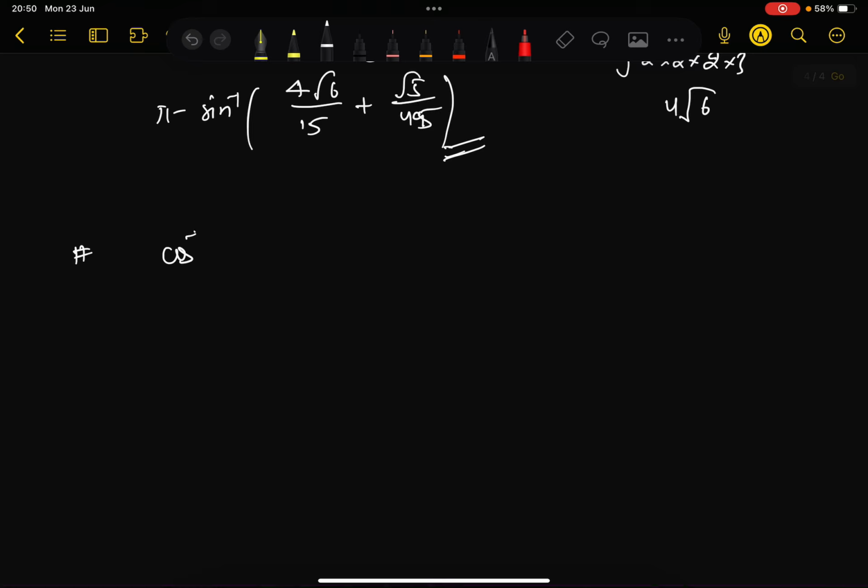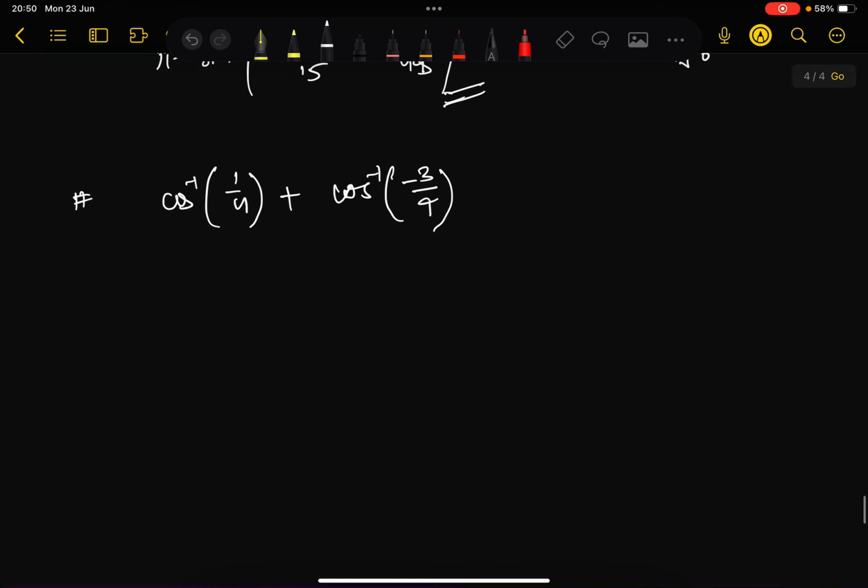So here cos inverse 1 by 4 plus cos inverse minus 3 by 4. As we have already discussed, first of all we have to make these arguments positive. Here the argument is negative, that's why we have to convert it into a positive number.